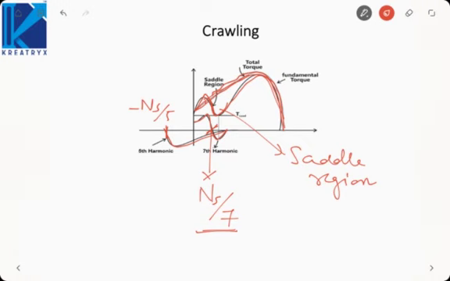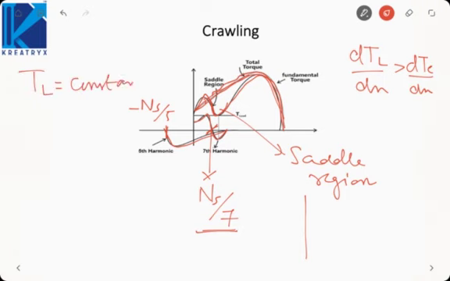Now when we studied induction motor stability, the condition that we took is dTL by dN should be greater than dTE by dN. Now suppose load torque is constant. If we take load torque as constant, dTL by dN will be 0.